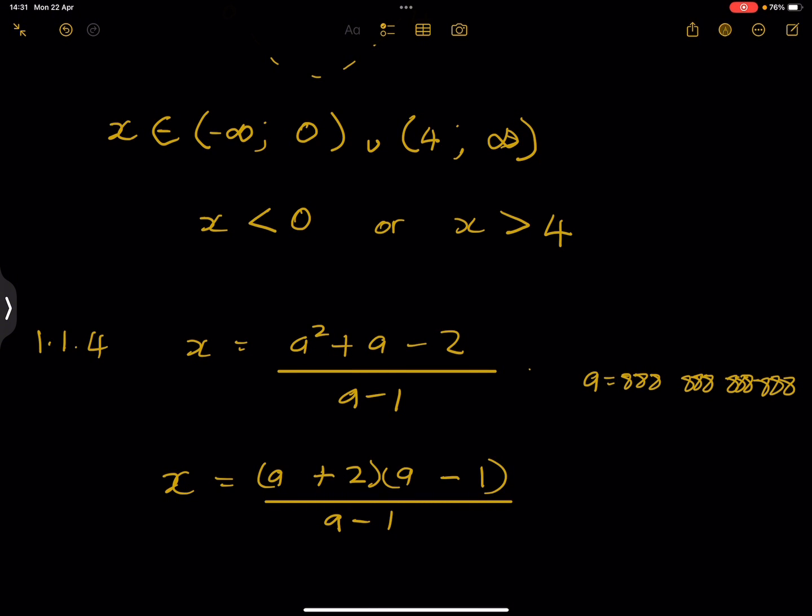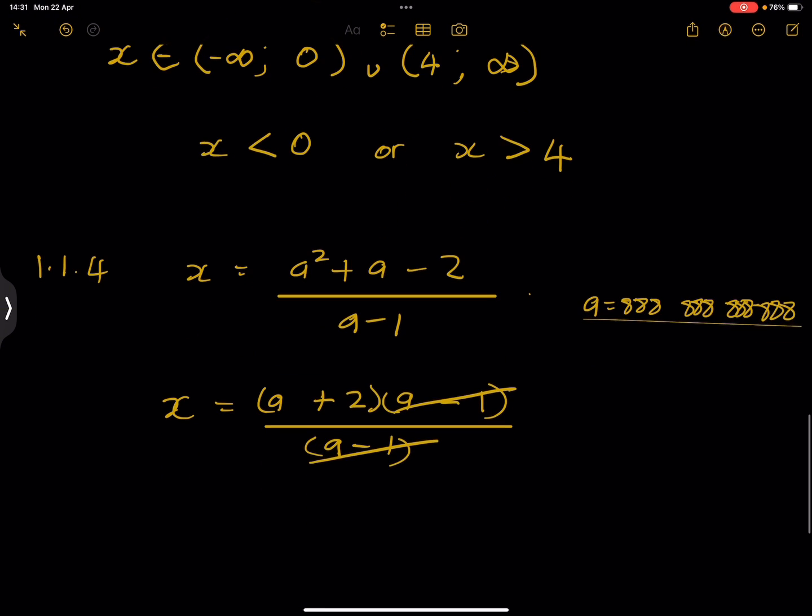And what do you note? This part at the bottom will cancel this one. And so what are we left with? We're left with x is equal to a plus 2. Now, if we add 2 to this entire thing, what happens? So plus 2 there, right? That becomes 10, okay? And that becomes 9.